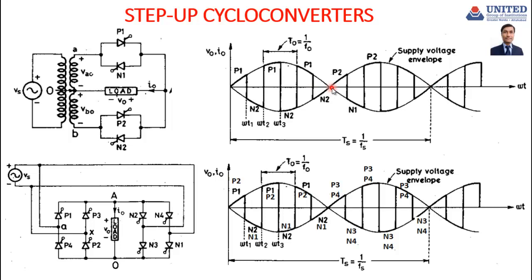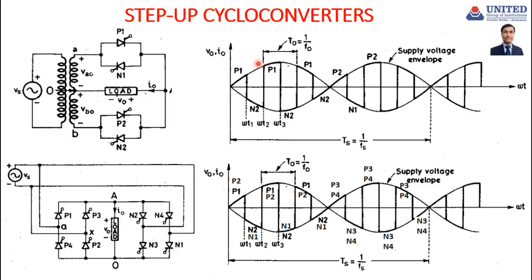At omega t is equal to pi, N2 is force commutated and forward biased SCR P2 is turned on. After that P2 is force commutated and forward biased SCR N1 is turned on.